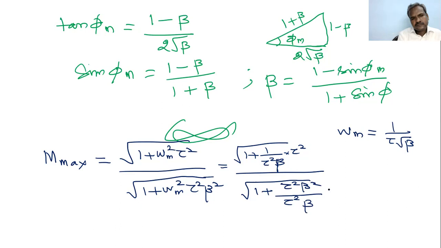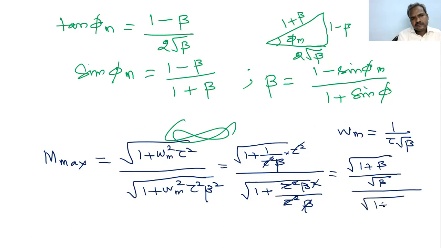So the tau square cancels, and the beta cancels. What we get is the numerator 1 plus beta divided by root beta, whole thing divided by root 1 plus beta.